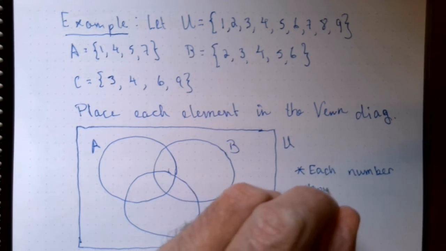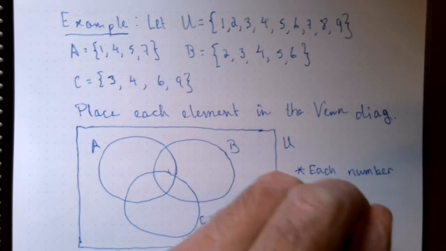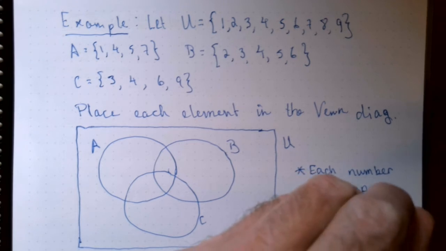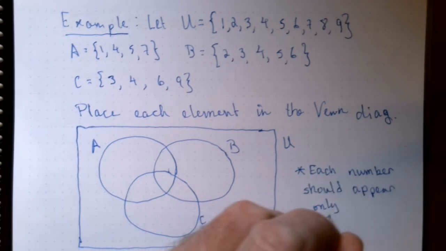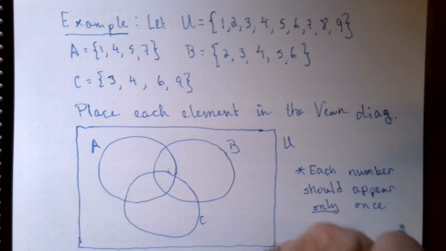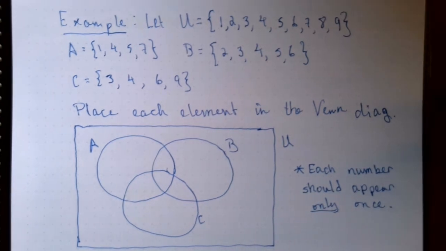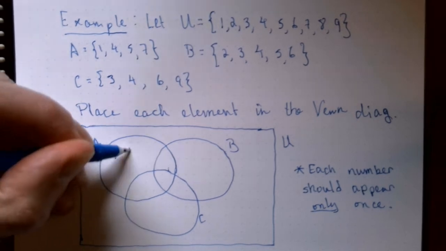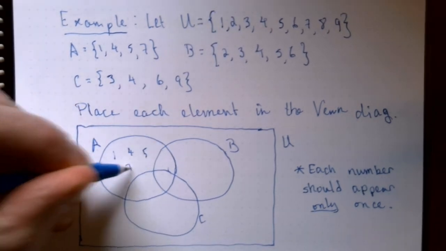One thing to note here is that each number should appear only once in the picture. Okay, so we got to think a little bit about where we're going to put the various numbers. In other words, you can't just do something like this. 1, 4, 5, 7. That's a no-no.